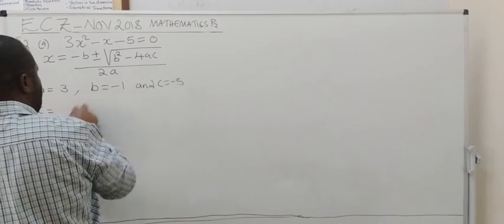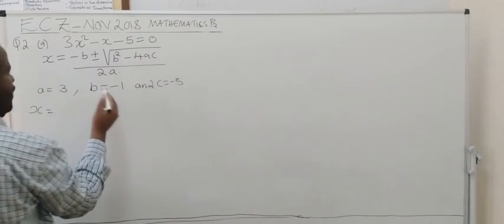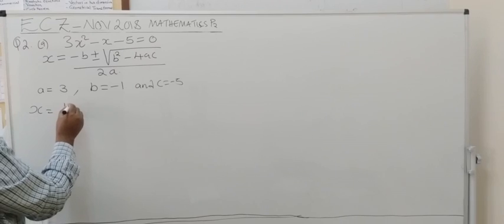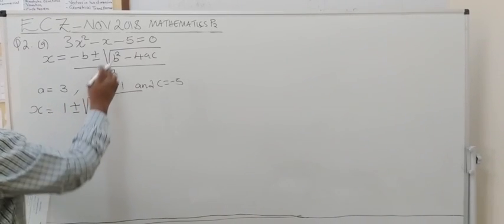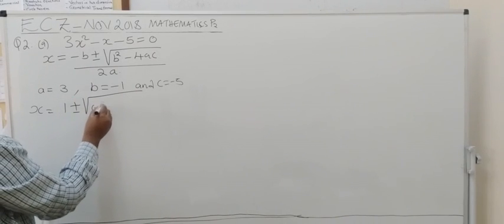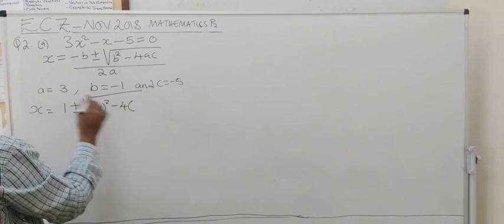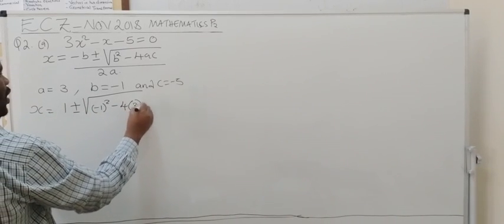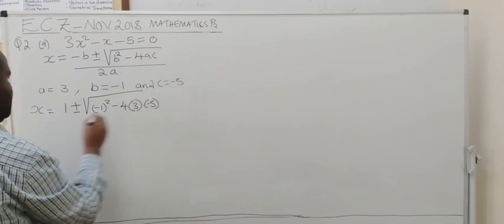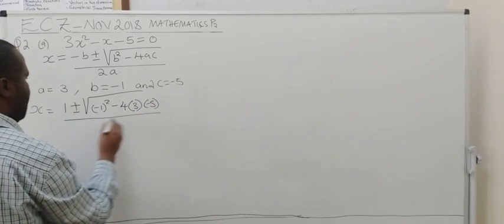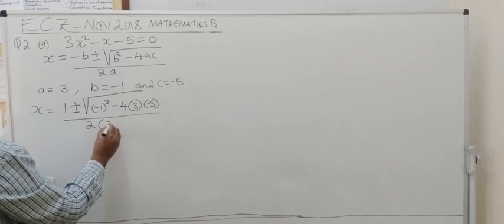Let's just write positive in advance, so we have positive 1 plus or minus the square root of, what is our b? Negative 1 squared minus 4, what is our a? It is 3. And what is our c? It's negative 5. We divide everything by 2 times a. What is our a? It is 3.